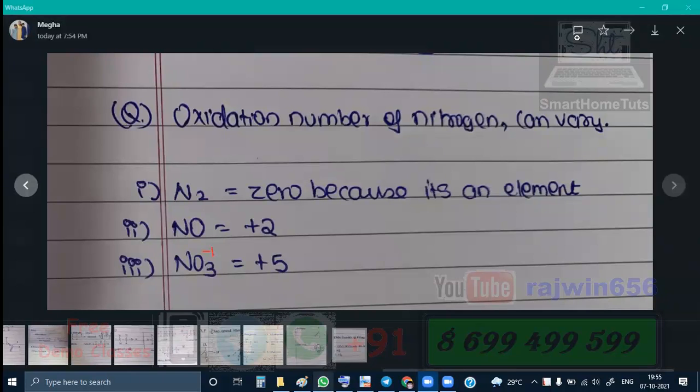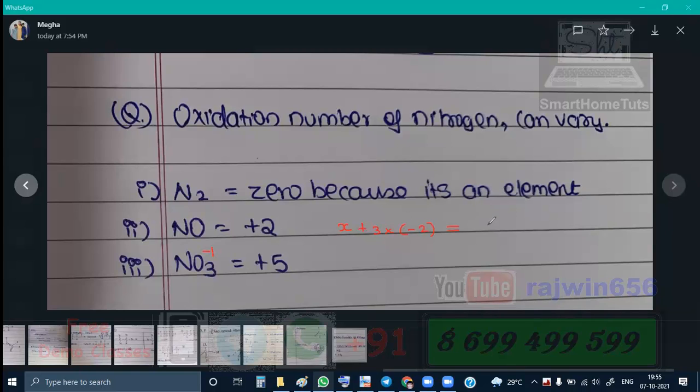Okay, so these are the oxidation numbers. NO will be plus 2 because O is minus 2. For NO3 minus, I'm taking the oxidation number of nitrogen as X, plus there are 3 oxygen atoms, and the oxidation number of oxygen is minus 2.